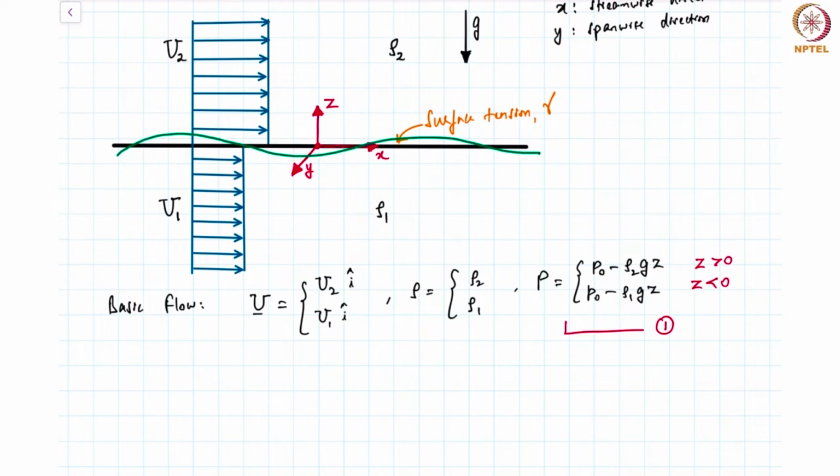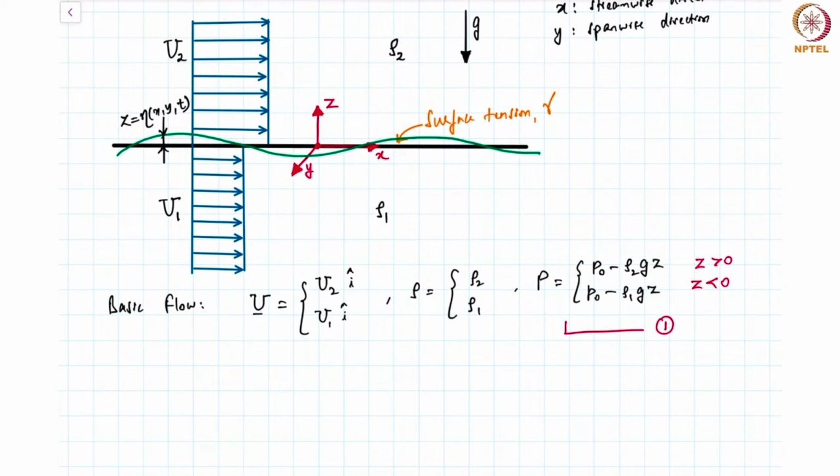And the perturbation will be such that the interface position we'll define as z equal to η(x, y, t). That's the position of the perturbed interface.